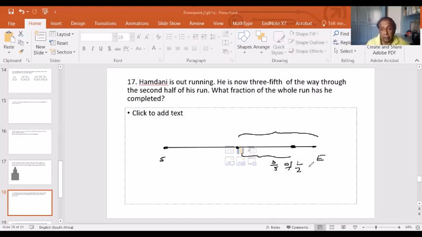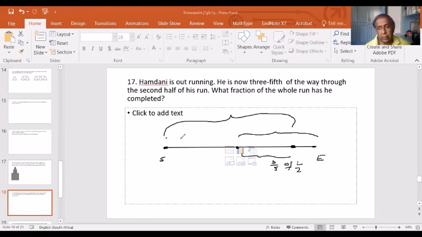But it's 3/5 of half, right? Because this thing here is half. So this is 3/5 of half. And the question is, what fraction of the whole run has he run? It will have to be from here up to here. That will be the fraction.